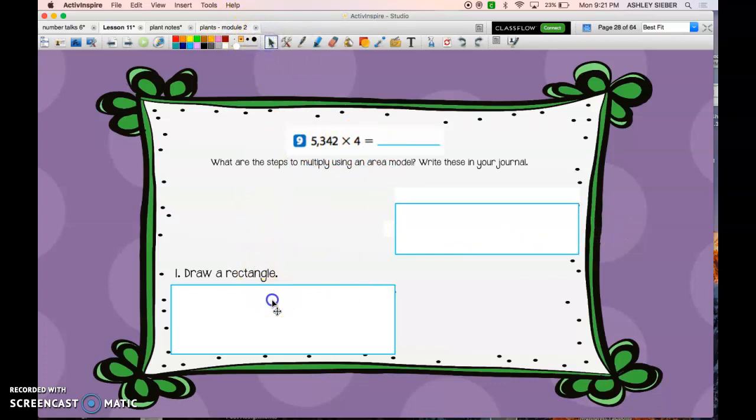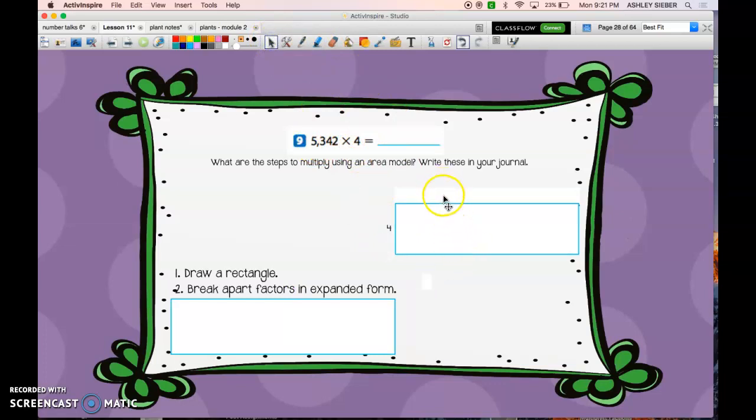Our next step is to break apart the factors into expanded form. Now, I used the word factors with an S. Did we break apart both factors yesterday? No, but today we are. So one of our factors doesn't need to be broken apart.